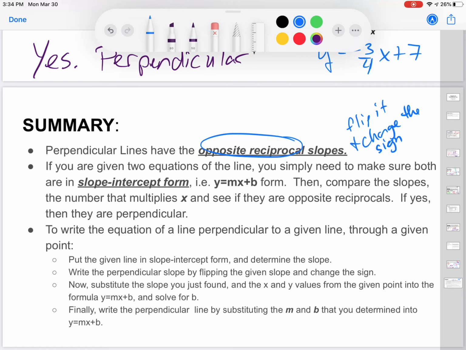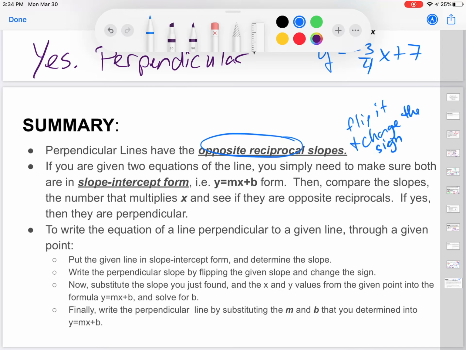If you are given 2 equations of lines, you need to make sure they're both in slope-intercept form, which is your y equals mx plus b form. Then you want to compare the slopes. You need to grab the number that multiplies x in each equation and check if they're opposite reciprocals. I can take their product and see if they equal negative 1, or I could take one of the slopes, flip it over, change the sign, and see if that matches the slope of the second line. If yes, then you have 2 perpendicular lines.